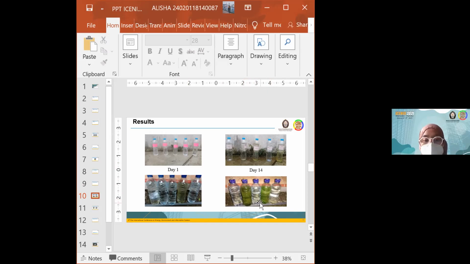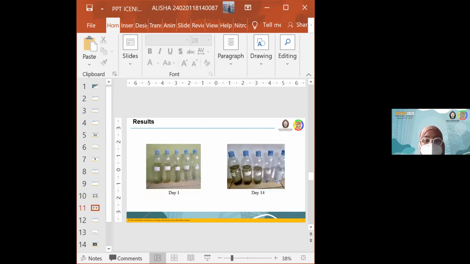Meanwhile, the tap water, mineral water, and the puddle did not change until the last day of observation. Well, this slide shows that there is a change of color in the puddle water, sewage water, and river water.